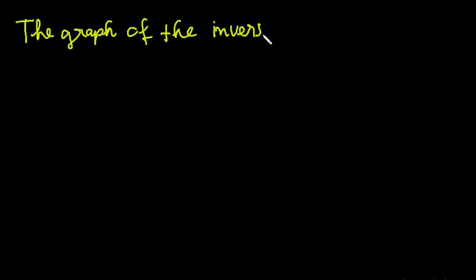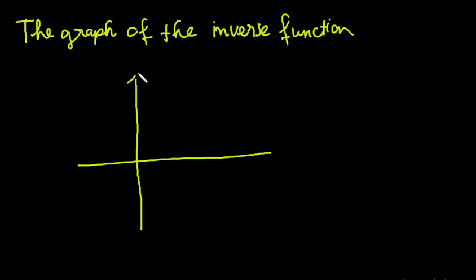Now we will talk about the graph of the inverse function. So I have a plane here. Here's y, and here's x. So remember the rules for the graph of the inverse function.